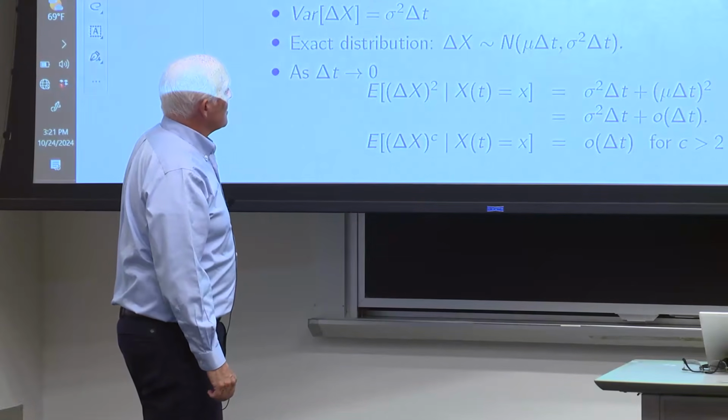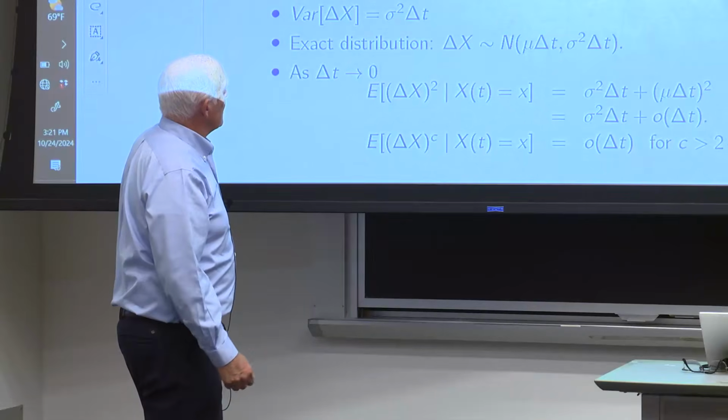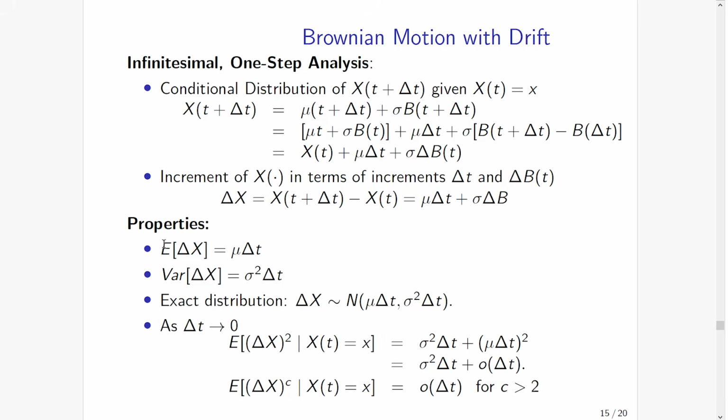And what's particularly important is that as we let delta t, the length of our increments, get infinitesimal, then the expected squared increment of x ends up being exactly equal to the variance of that increment plus the square of the mean. But this square of the mean is a term that is small order of delta t.